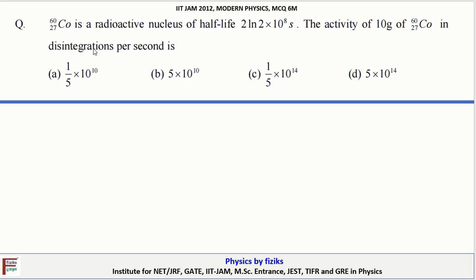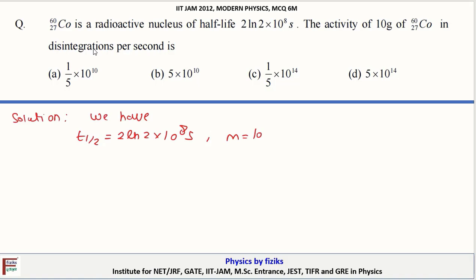Cobalt is a radioactive nucleus of half-life 2 ln 2 into 10 to the power 8 second. The activity of 10 gram of cobalt in disintegration per second is. So we have to determine the activity. Solution. We have T half equals 2 ln 2 into 10 to the power 8 second.